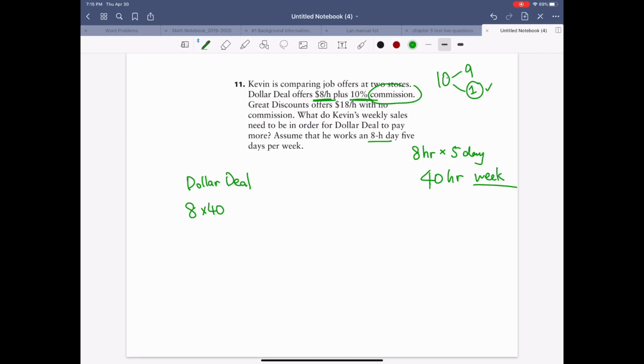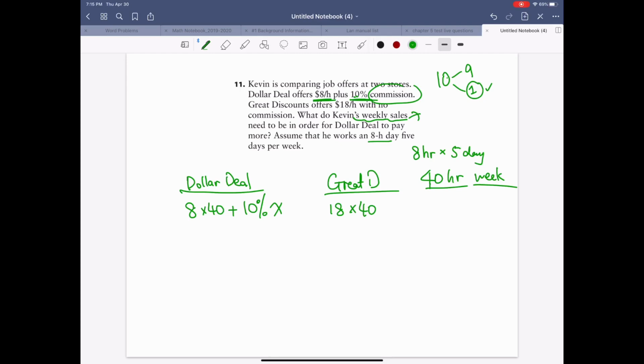So basically I have plus 10% of my sales, because they're asking us about sales. So Dollar Deal is one plan. The other one is Great Discount. Great Discount offers $18 per hour with no commission. So 40 hours a week times 18.